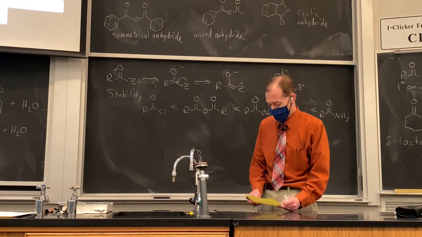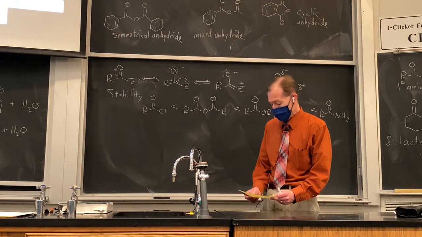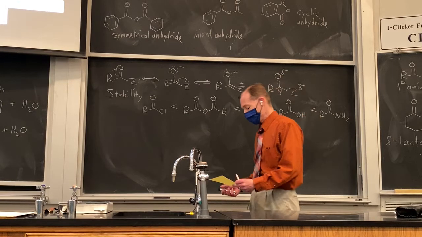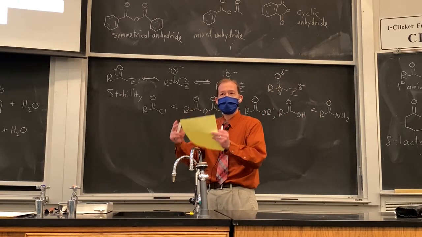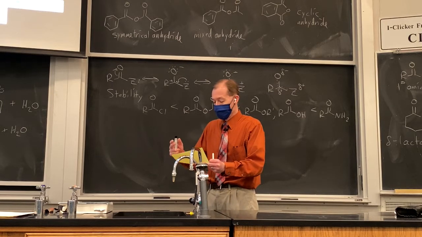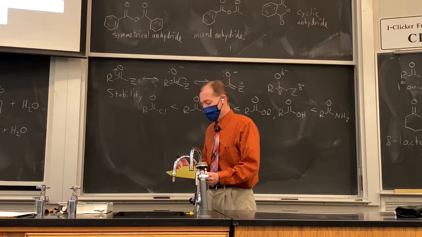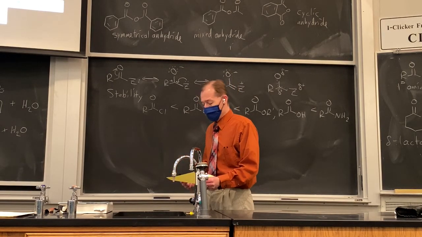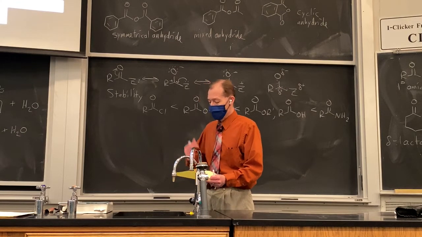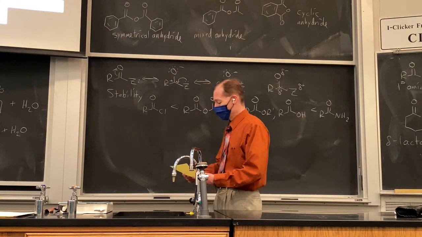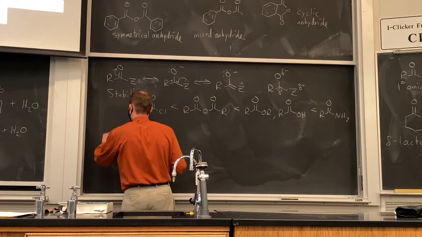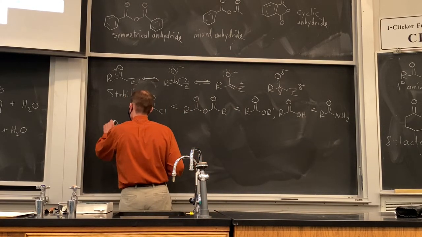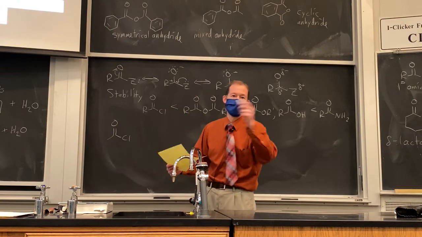Okay, so we're going to start with acid chlorides. And acid chlorides are going to be named the same way as the parent acid, but we're going to drop the ic acid, or the carboxylic acid part, and we're going to put yl chloride on the end. Okay? Now, it's easier to just look at examples than it is to write out rules for this.